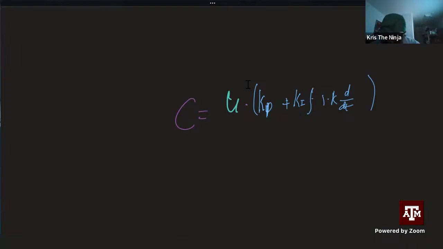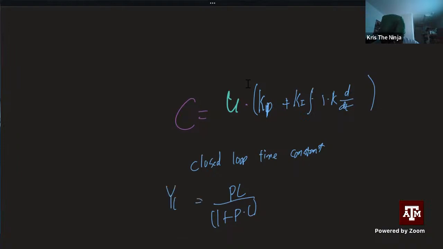I got you. The closed loop time constant. There's one thing that you'll probably want to take note of. You have PC over 1 plus P times C, and that's Y of S over R of S. That will save you so much time.